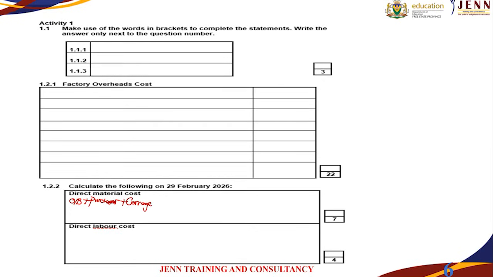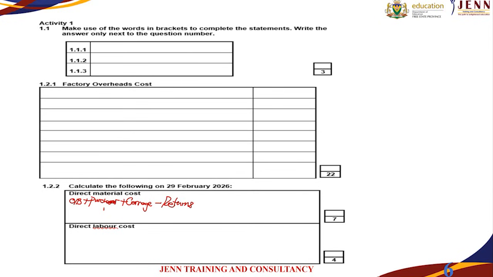This carriage on purchases can also be referred to as transport, so don't get confused. So we say opening balance plus purchases plus carriage on purchases, and then minus returns.